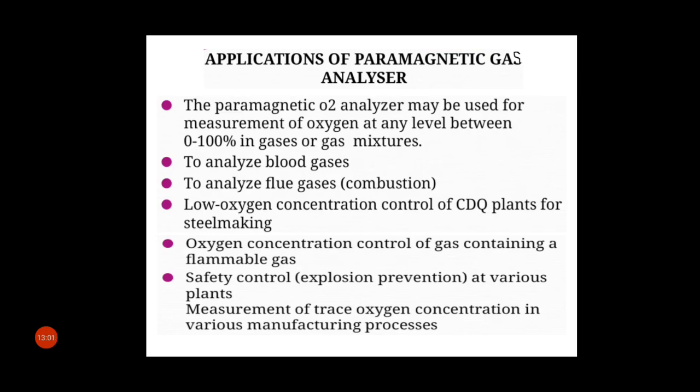Next is oxygen concentration control of gas containing a flammable gas. Safety control at various plants. It is also used for measurement of trace oxygen concentration in various manufacturing processes. So these all are the applications of the paramagnetic gas analyzer.